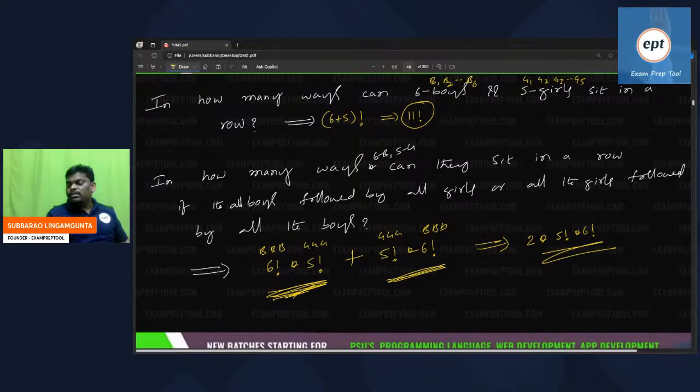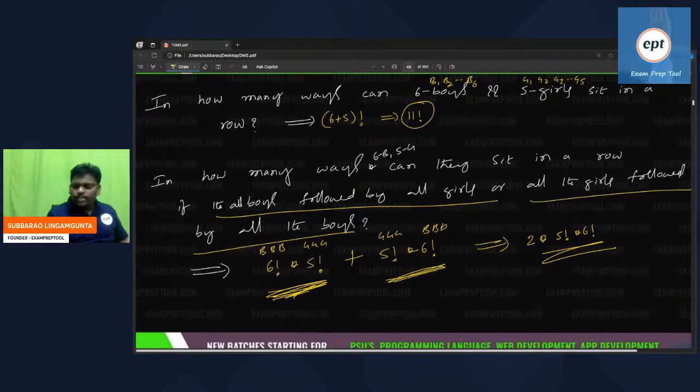Next one. In how many ways can 6 boys and 5 girls sit in the same row if the condition is all boys followed by all girls, or all girls followed by all boys? Suppose boys are followed by girls.